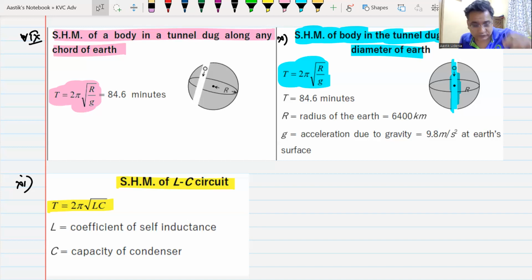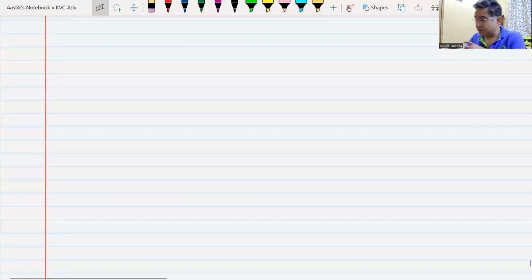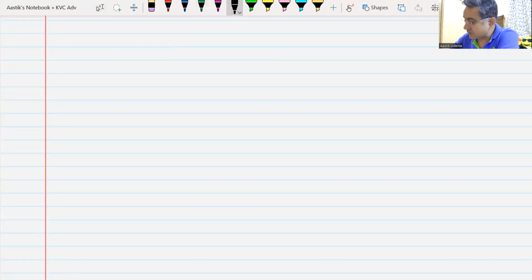So you don't have to throw it exactly at the center of earth to get SHM. These are the only two questions where the motion remains simple harmonic no matter the distance being small or large. What we are going to do today, though, is known as superposition of SHM.